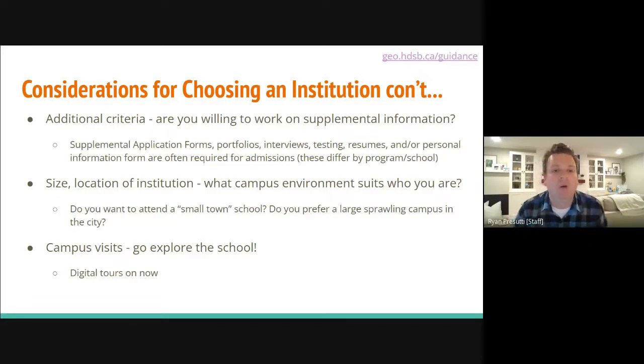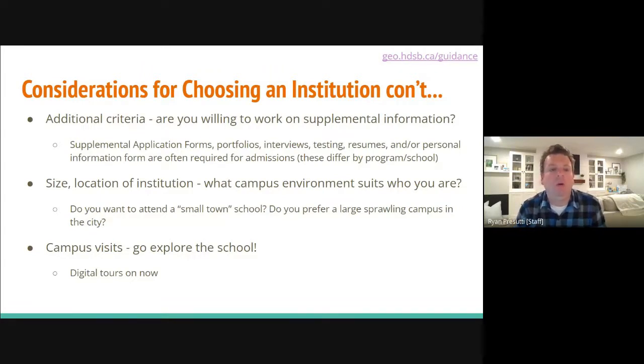But if they're not willing to go to that extra step, and some students are not willing to do that, that may limit some of the options of where you would be interested in having your student apply. One important thing to note is supplemental forms. Many schools require or request them or suggest them, but you don't do that at the time you apply. That does come later.